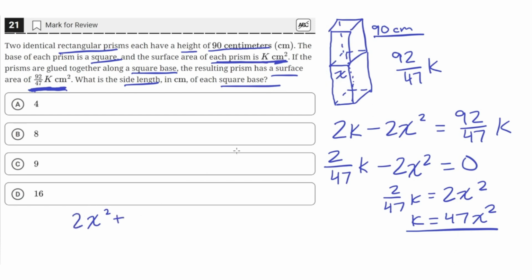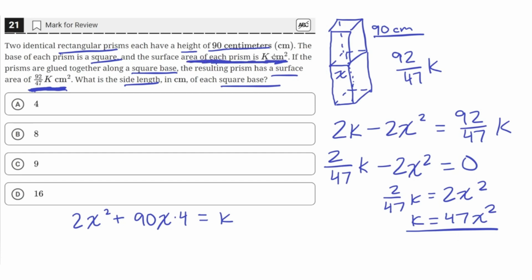Then we'll add it with the area of one face. So one of those rectangular faces has area 90 times x. But we have 4 of these on a prism, so we'll multiply this by 4. So that's the surface area of one rectangular prism, and that equals k, since we were given that the surface area of each prism is k.